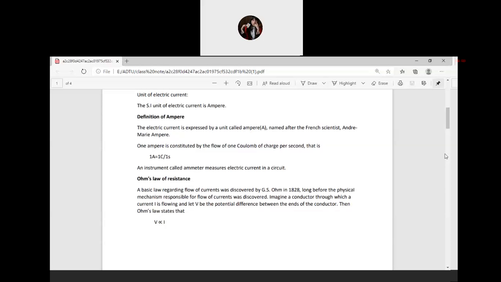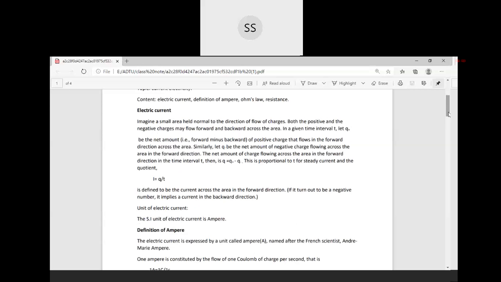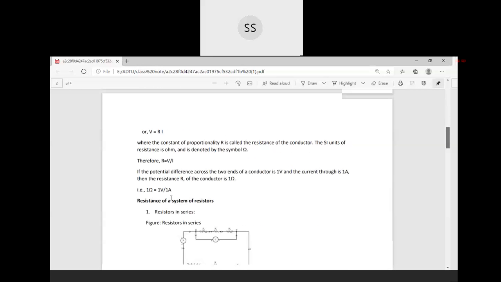Okay, so you know the definition of 1 ampere current, and you know the definition of 1 ohm resistance. Now tell me the definition of 1 volt potential difference. From these two equations you can define 1 volt potential difference.